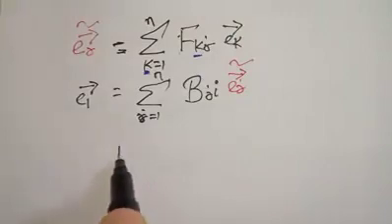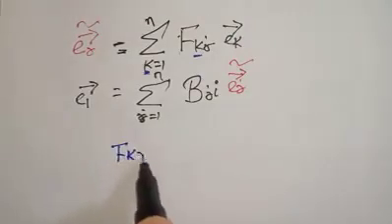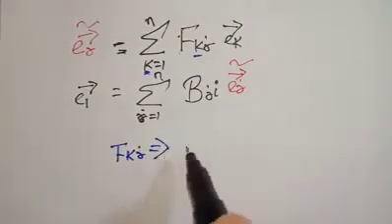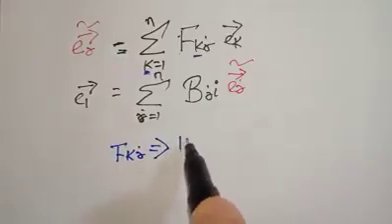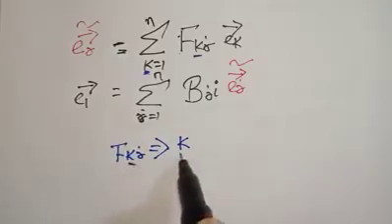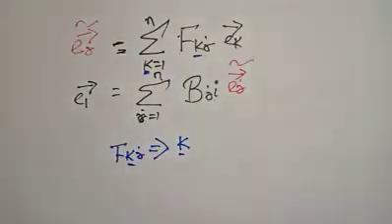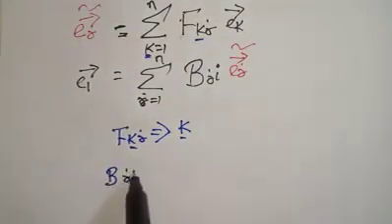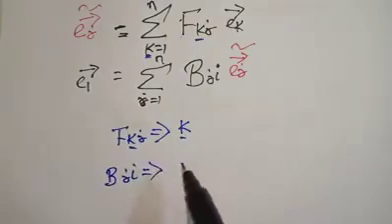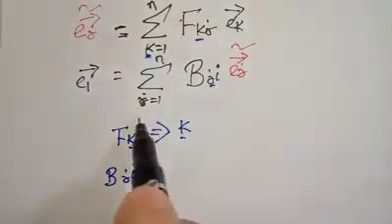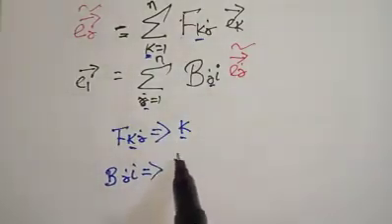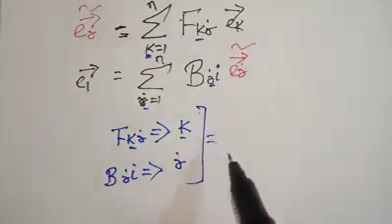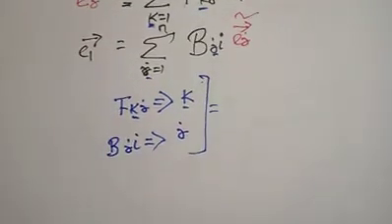For example, f_kj, this corresponds to k. First index goes to the first index. Similarly for b_ji, it also corresponds to the first letter j, and this is the first pair of indices.